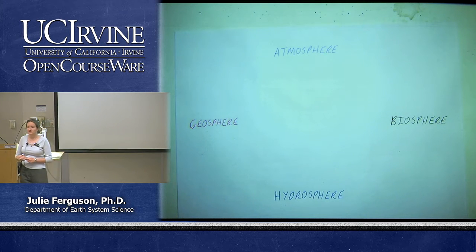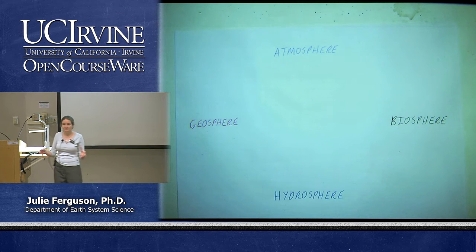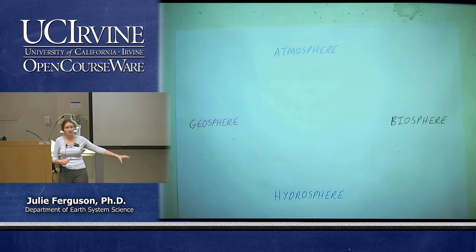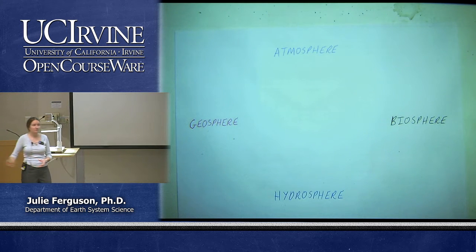And then what I want you to do is think about either subdividing those spheres down a little bit. So for example, for atmosphere, I might talk about atmospheric composition, atmospheric structure, atmospheric circulation, the movement.